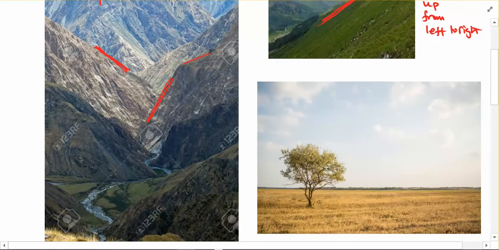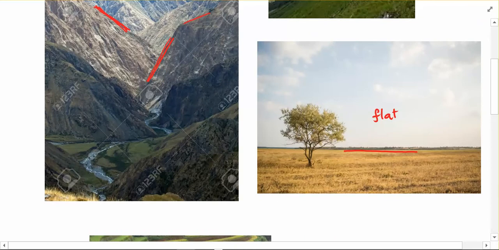And then there's this pretty picture. This one seems pretty flat. This slope here seems pretty flat, right? I wouldn't say it has no slope, but it's flat, because everything has slope. It's just the slope happens to be flat.